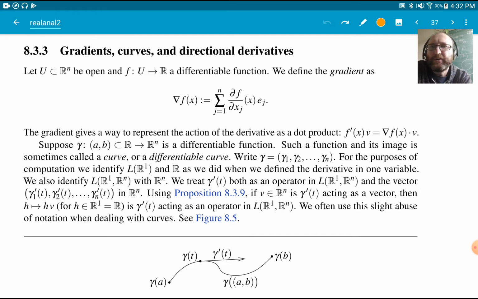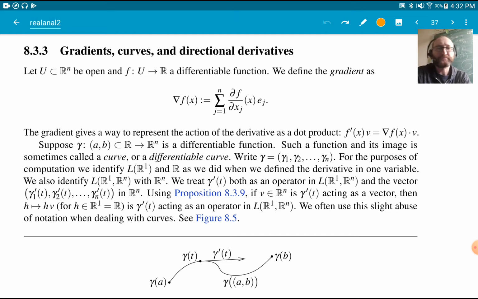So a linear function, the derivative, if you represent it as a matrix, would be a row vector, whereas here you're thinking of it more as a column vector, right? So it's a different thing, but it's the vector given by the derivative.